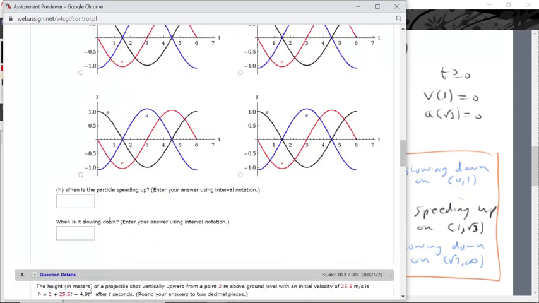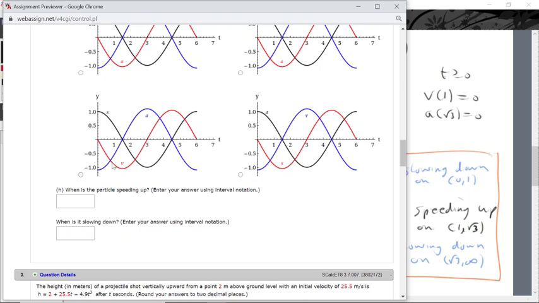When is it speeding up? When is it slowing down? You can also do a graphical analysis. Again, the idea is the particle is going to be speeding up when the acceleration and velocity have the same sign. So you can take a look at a velocity. I'm not saying that this is the answer, but suppose that this was the correct graph. The velocity curve on this interval from 0 to 3 would indicate that the velocity is negative from 0 to 3.